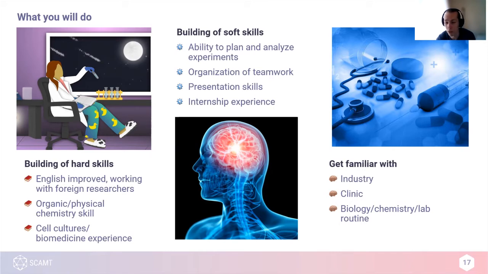For many students, as I know, it's very important to get familiar with work with industry and clinic, because our platform can be easily introduced in different lab routines, for example, in such companies as Hemotest or Invitro, or different clinical applications. So we hope to go to this area and get familiar with it.